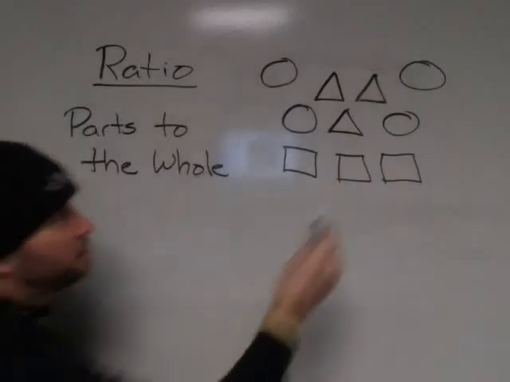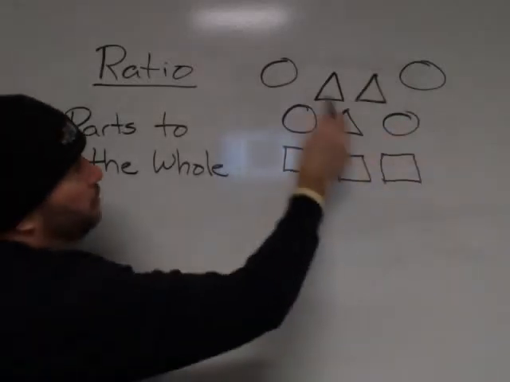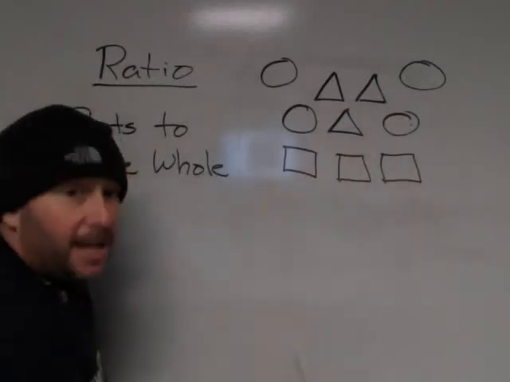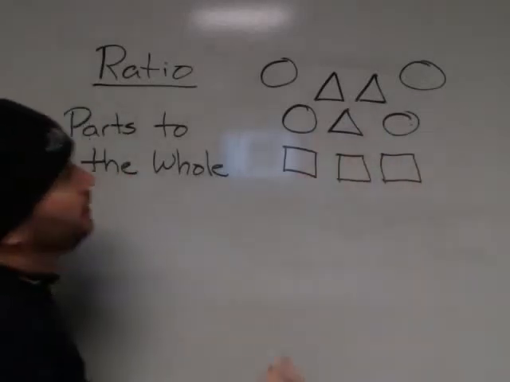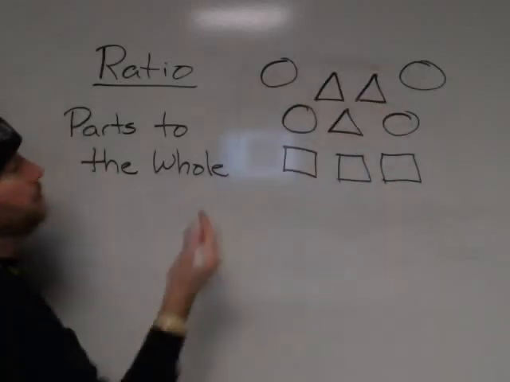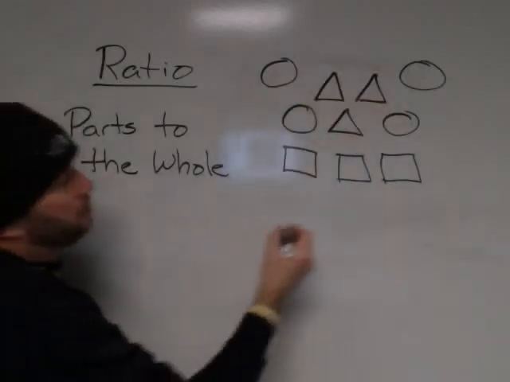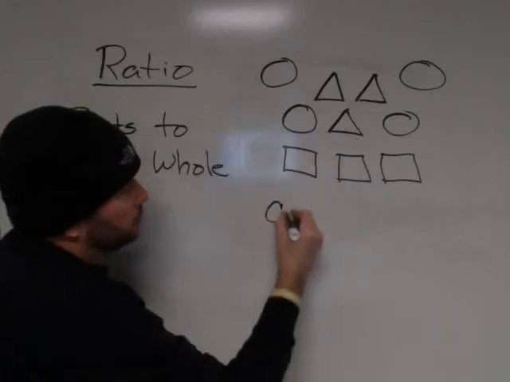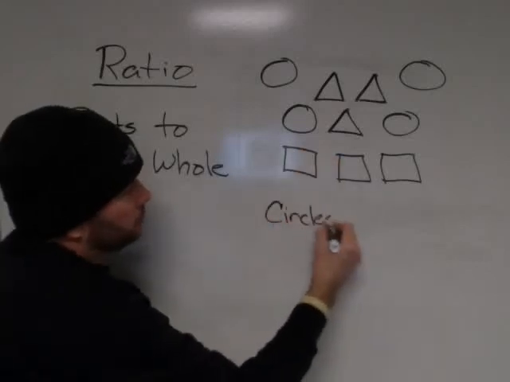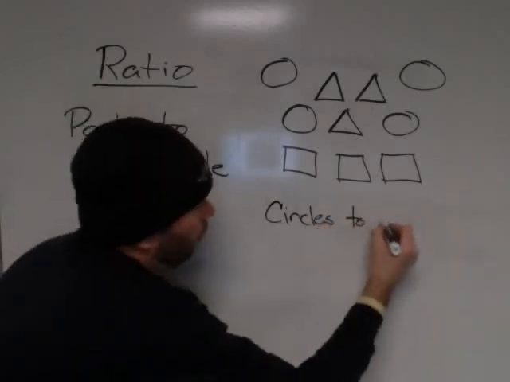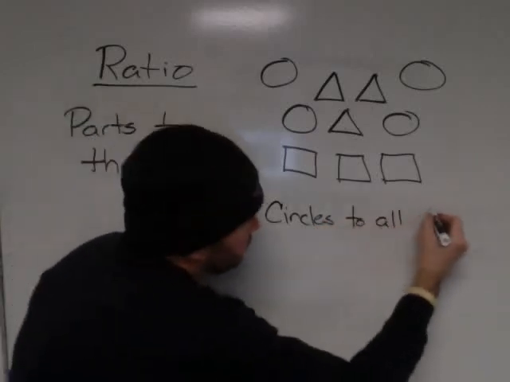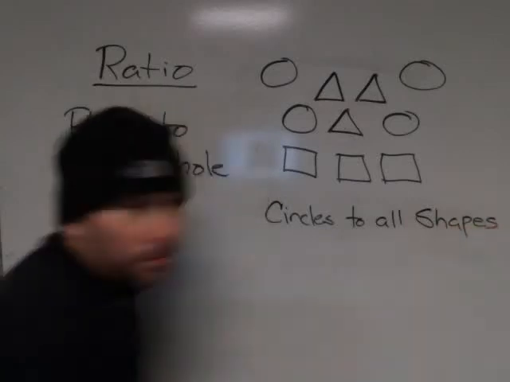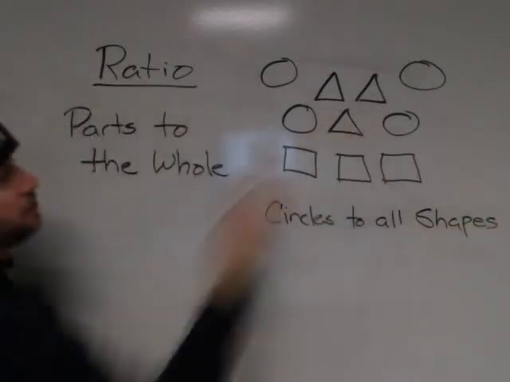And in that case, we'd have to know that we have 1, 2, 3, 4, 5, 6, 7, 8, 9, 10 items. Okay? So if we have 10 items and we wanted to compare, let's say, circles to all shapes, we'd find that we have a totally new type of ratio situation.